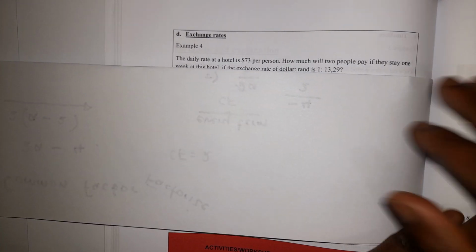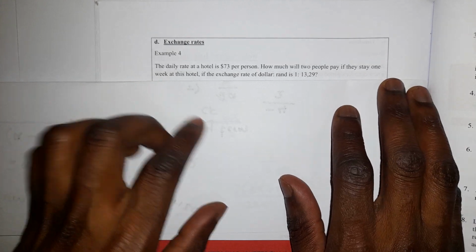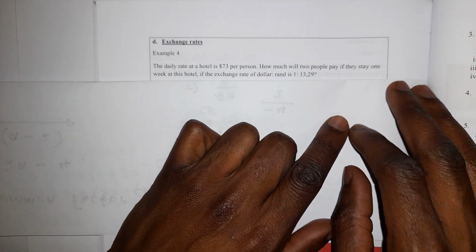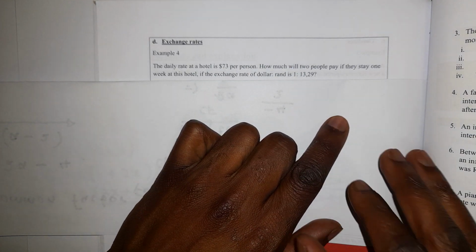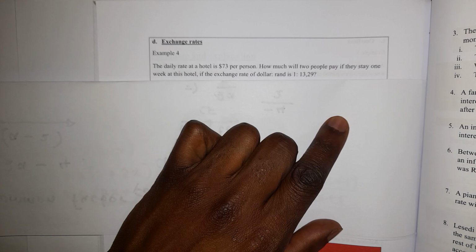Number one, suppose we are given example number 4 there, which I will treat as the first example. The daily rate at a hotel is $73 per person.